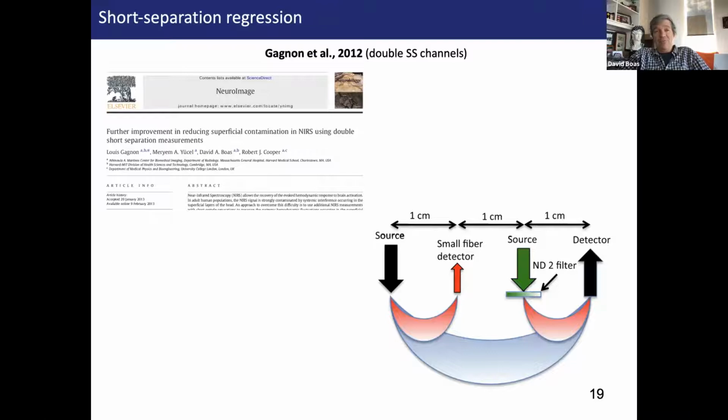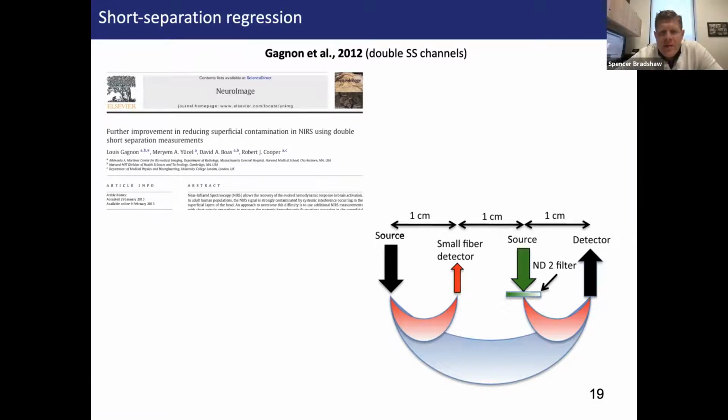Instead, we average all of the 18 millimeter channels. If we have enough 18 millimeter channels from many different locations on the head and we average them all together, that averages out any localized brain activation signal. We're then left with an average 18 millimeter signal that hopefully has removed any brain activation signal, and we can use that as a short separation regressor.